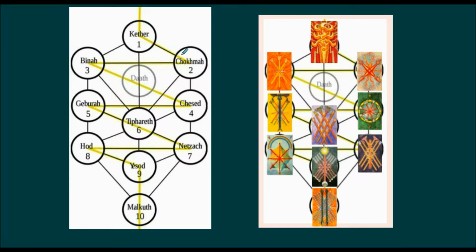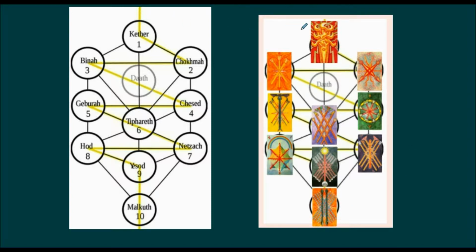Energy flows from Keter into Chokmah, Binah, Hesed, following this yellow line here, sometimes called the lightning flash. Perhaps I should have had it in red. So Malkut here is the most material of the cards, which is associated with Oppression here.